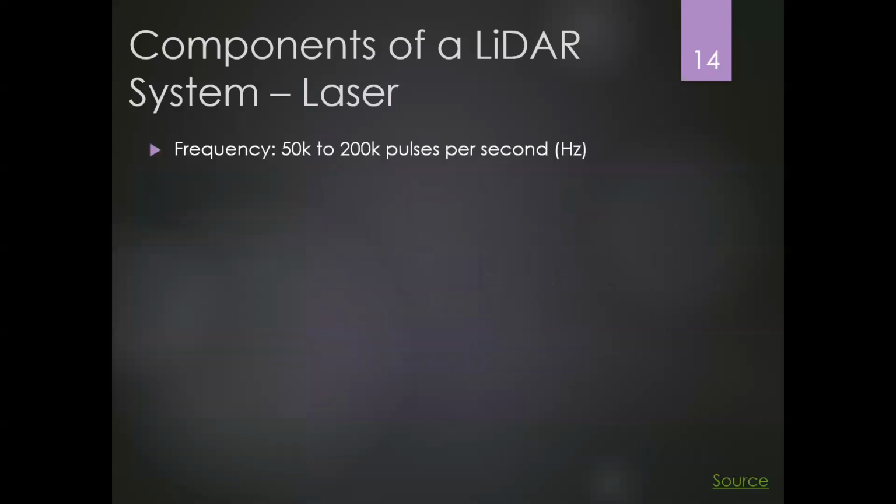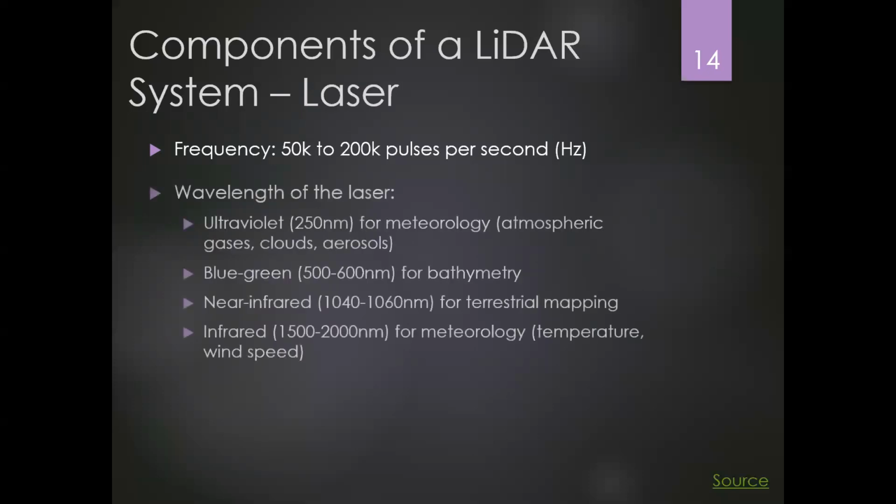The frequency of laser used by LiDAR usually ranges from 50K to 200K pulses per second, which means for every second, there are 50K to 200K pulses emitted from a sensor. The specific value depends on the specific sensor, right?